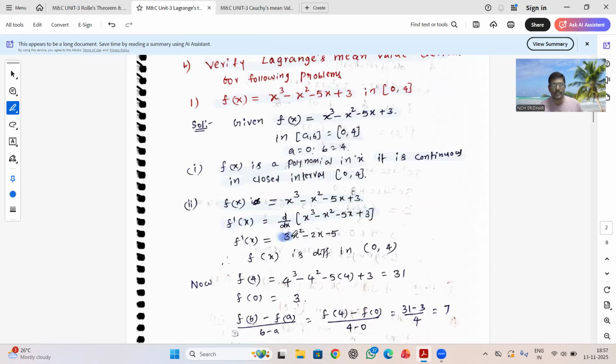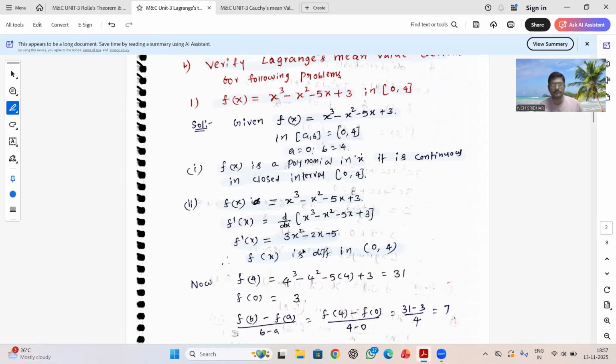We know that d by dx of x cube is 3x square, d by dx of x square is 2x, d by dx of 5x is 5, and the differentiation of the constant 3 is 0, no need of writing. So f dash x is equal to 3x square minus 2x minus 5. That means it clearly exists. f dash x exists. Therefore f of x is differentiable in (0, 4).